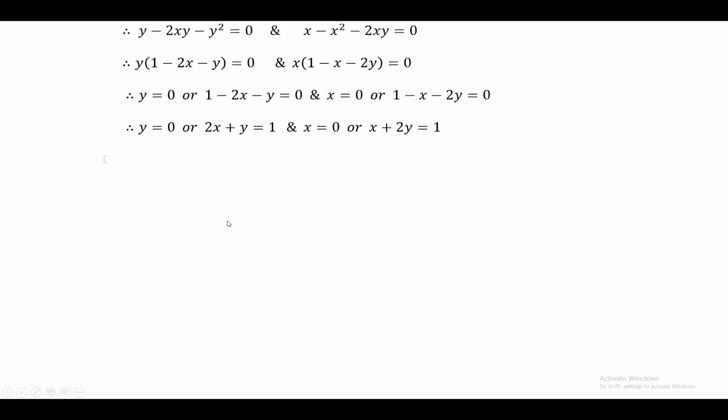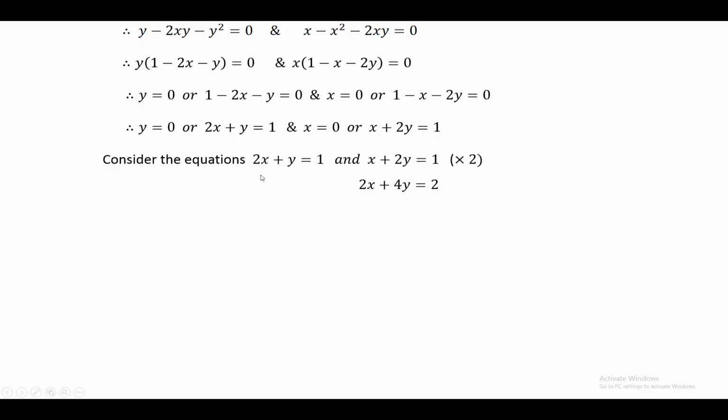Consider the equation 2x plus y equal to 1 and x plus 2y equal to 1. Multiply this second equation by 2, we get 2x plus 4y is equal to 2, and from this equation subtract this equation. So 2x plus 4y minus 2x minus y.